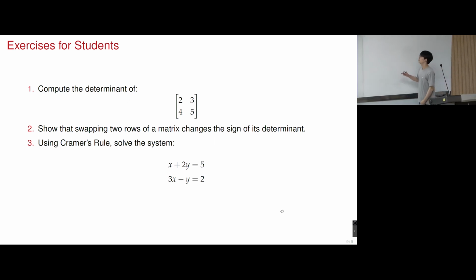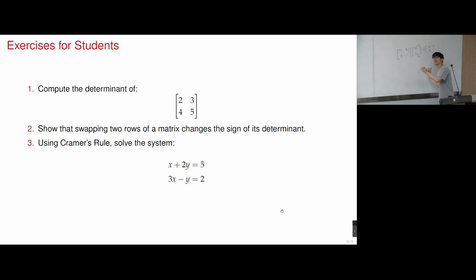So write 1, 2, then X and Y. In more abstract terms, this is X1 and X2, but we'll just go with X and Y. And we have 5, 2. And we'll see how to calculate X and Y.